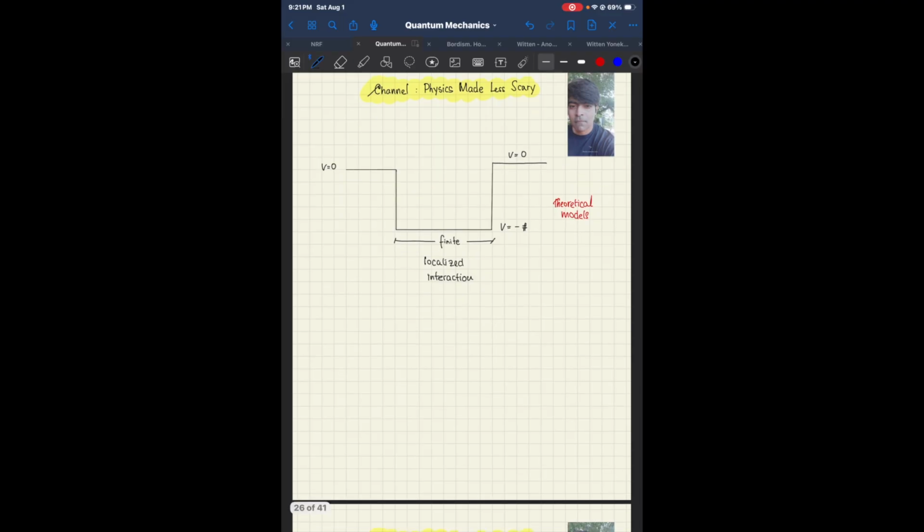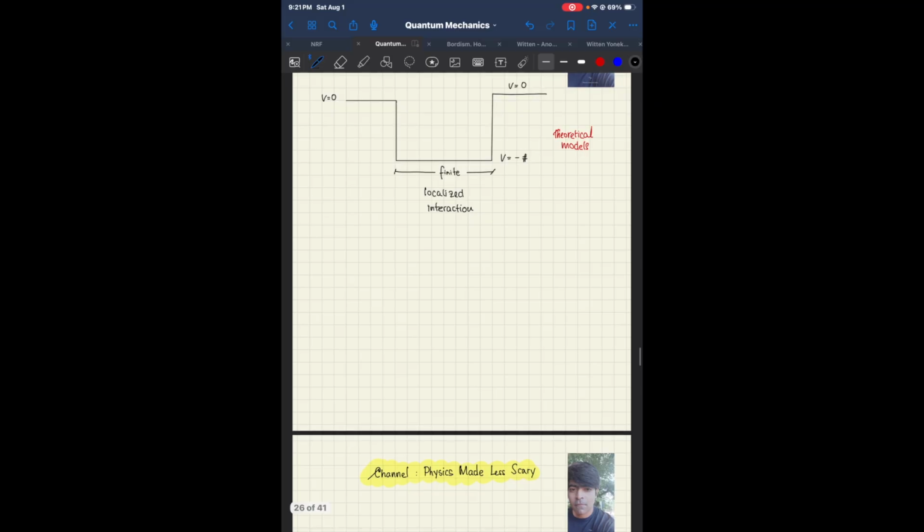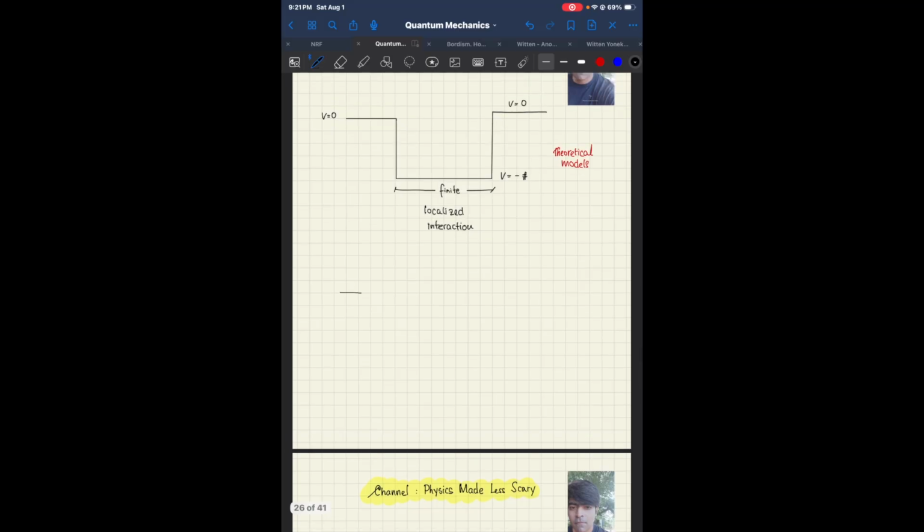If you followed my past few lectures, we have actually dealt with a few of these potentials. We have done a bit of work already. If you recall, for example, we had dealt with a step function. Something like this, where your potential was 0, and potential was finite and non-zero.